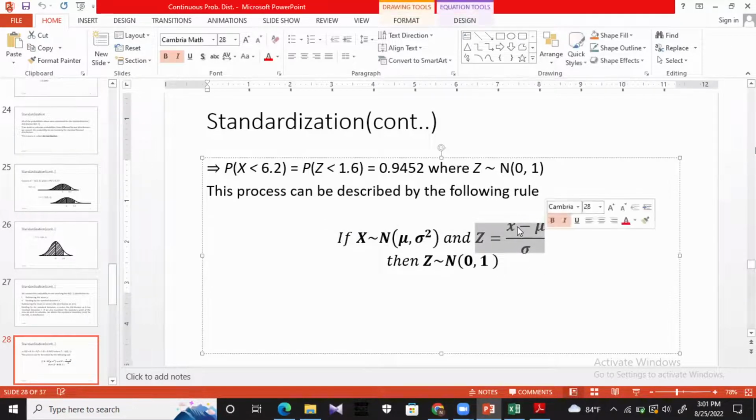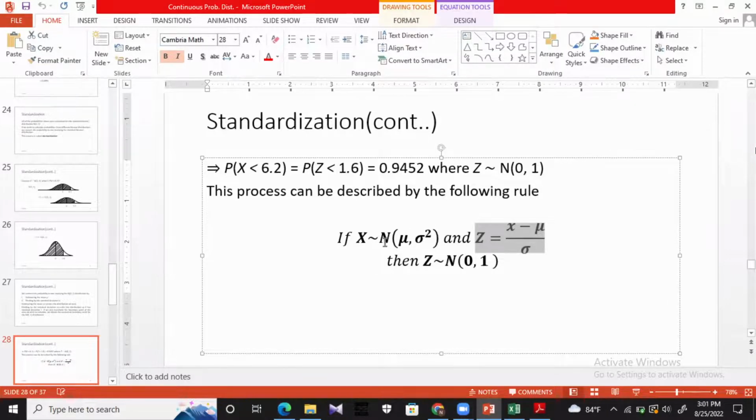Here we have the formula x minus mu over sigma. Definitely this x should be a normal random variable. You cannot standardize any other random variable in this way.